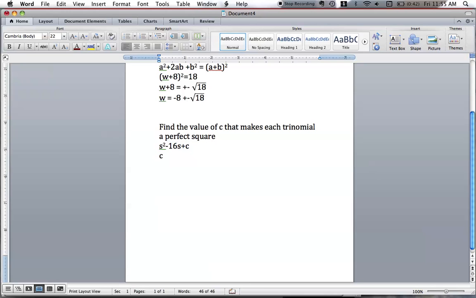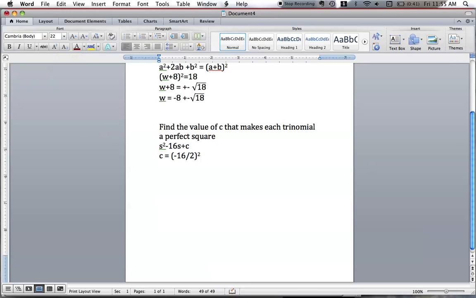So our c, we want to equal this first degree term coefficient of negative 16 divided by 2, and all of that, we'll put in parentheses, squared.